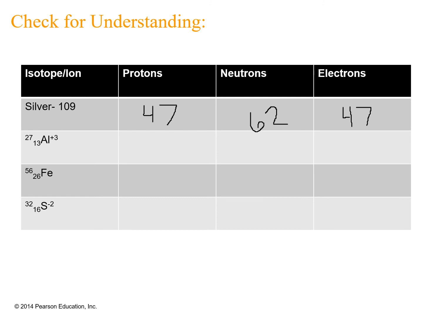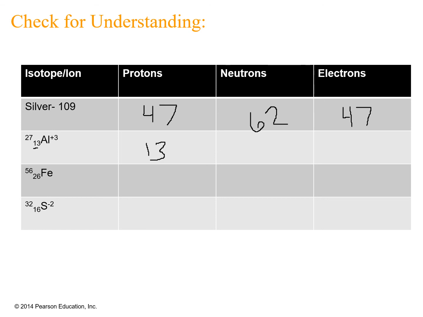This is written in that AZX form. We have 27 and 13, and these would normally be in line on top of each other, but it won't let me type them that way. And this is Al, which is aluminum, and it tells you that it has a positive 3 charge. So this is an aluminum ion. Whenever it's written this way, it's fairly easy to figure out protons and neutrons. Aluminum gives us the atomic number is 13. Therefore, there are 13 protons.